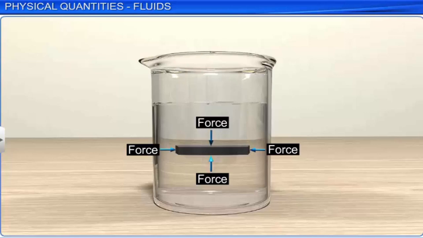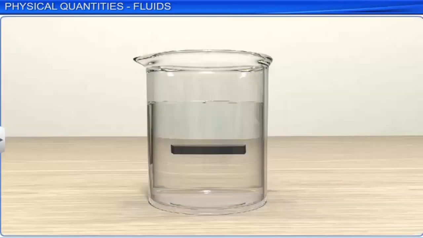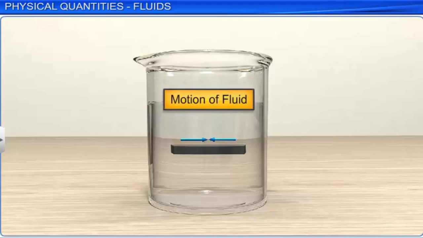This is because if there were a force parallel to the surface of the object, then, according to Newton's third law of motion, the object would resist the force in the opposite direction, which would cause motion of the fluid along the surface of the object.